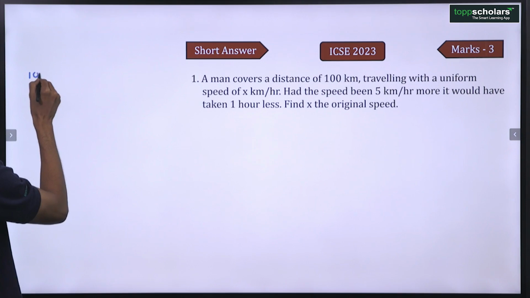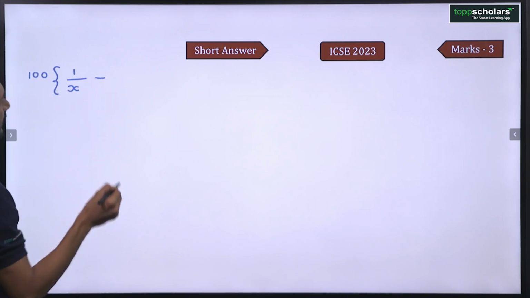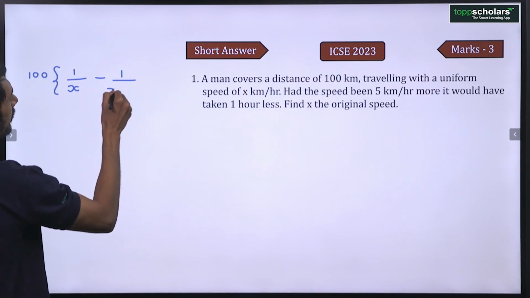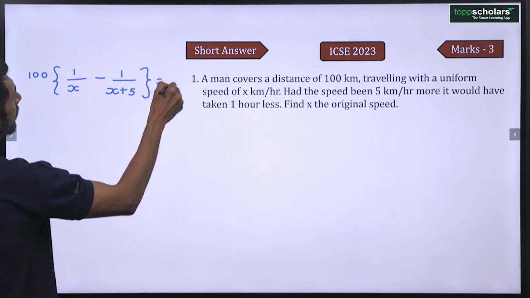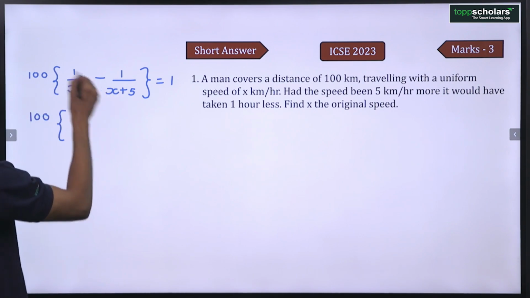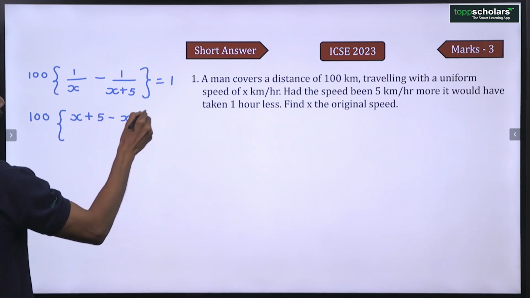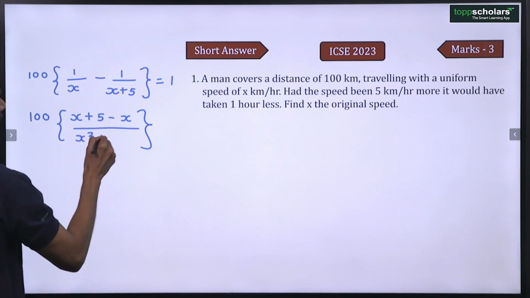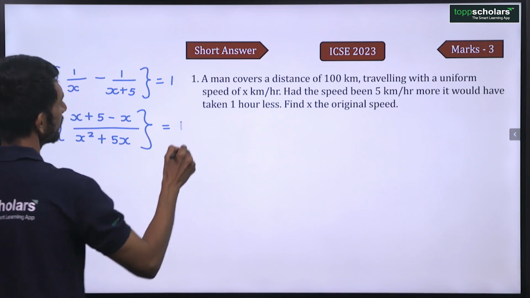So 100 common, then 1 by x minus 1 by x plus 5 is equal to 1. So this becomes 100 into x plus 5 minus x by x square plus 5x is equal to 1.